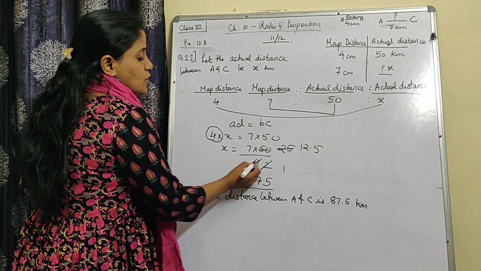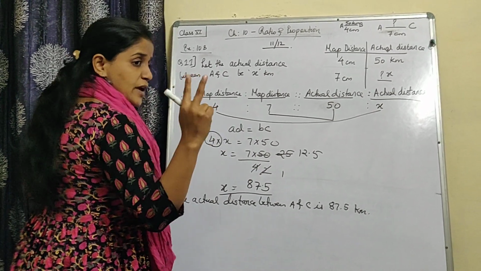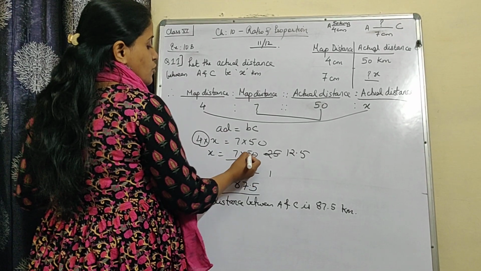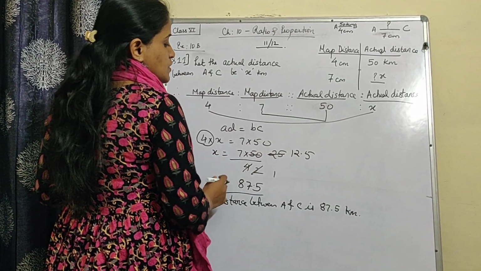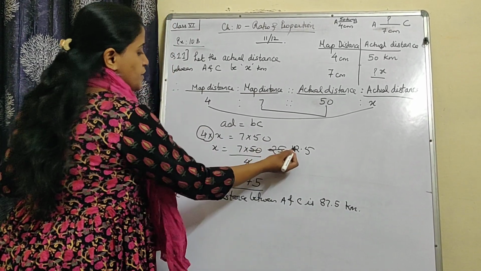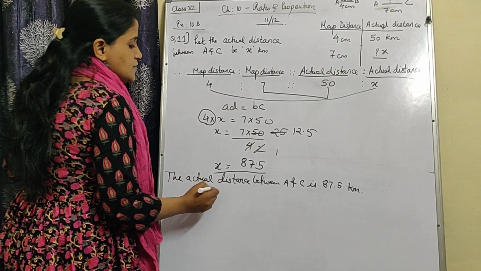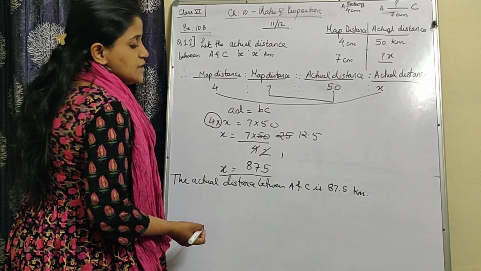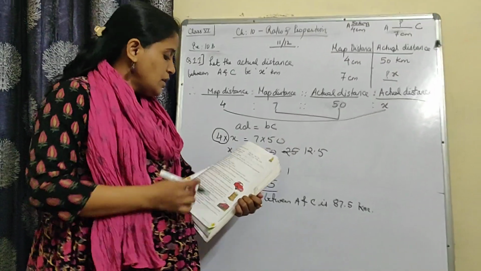Are 50 and 4 divisible? Yes, they are divisible by 2. 2 2s are 4, 2 25s are 50. Now nothing is divisible, so 25 by 2 is 12.5. So 7 into 12.5 is equal to 87.5. So the actual distance between A and C is 87.5 kilometers. So this is question number 11.